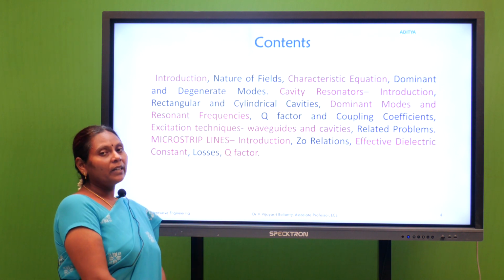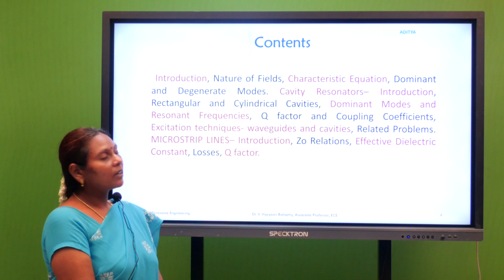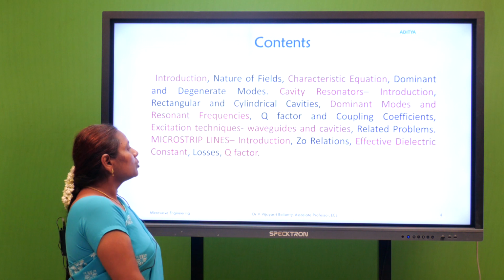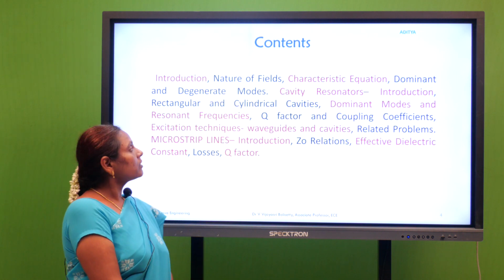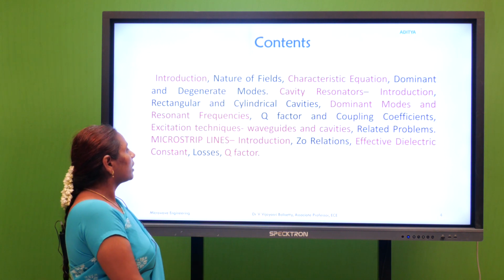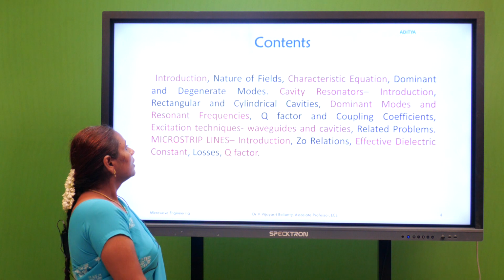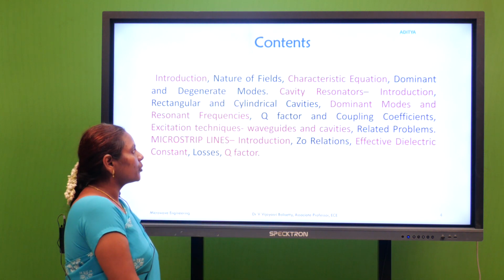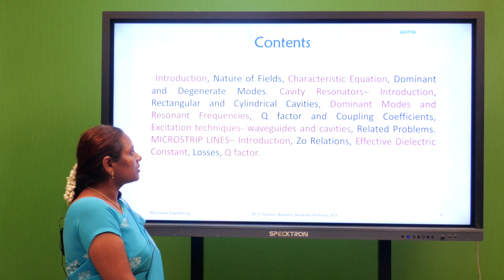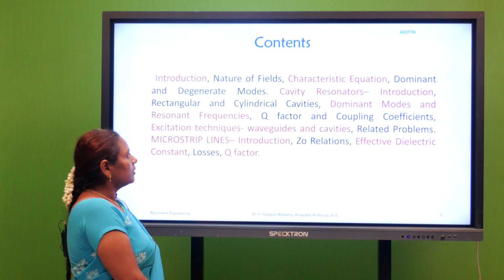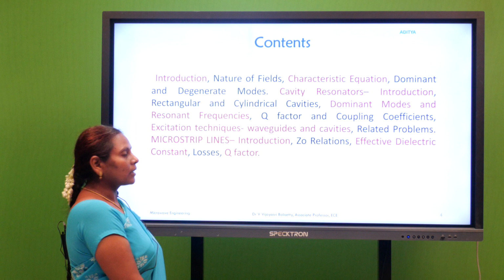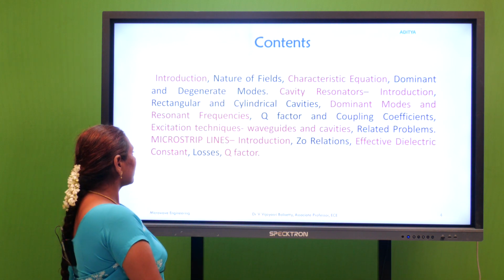Also, we determine the dominant and degenerate modes in the circular waveguides, and then we go through the cavity resonators using both rectangular cavities and cylindrical cavities, and we find the different dominant modes and resonant frequencies of these rectangular and cylindrical cavities. We also find the Q factor, quality factor, and the coupling coefficients. Also, we see some important problems in the circular waveguides and cavity resonators.